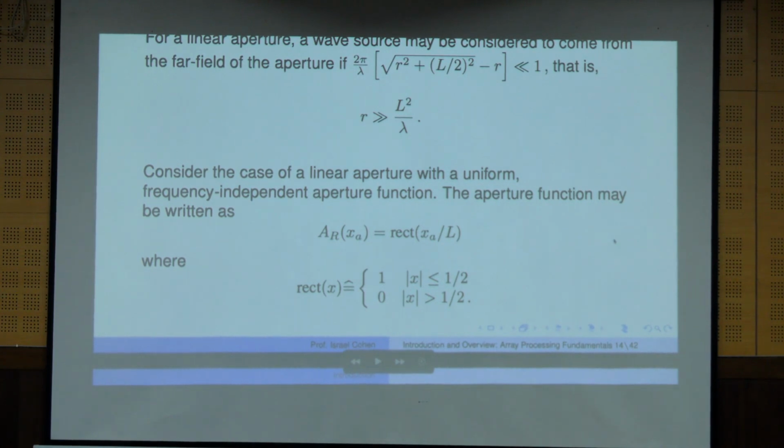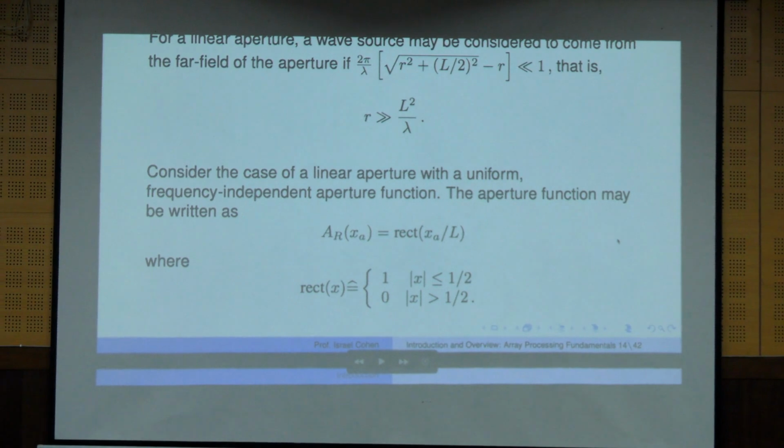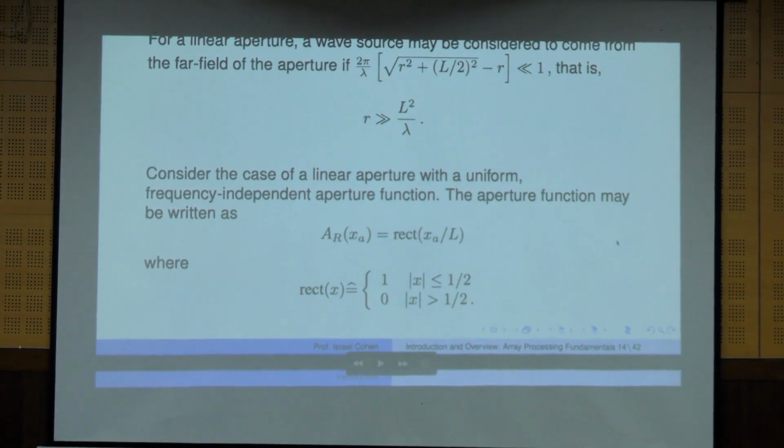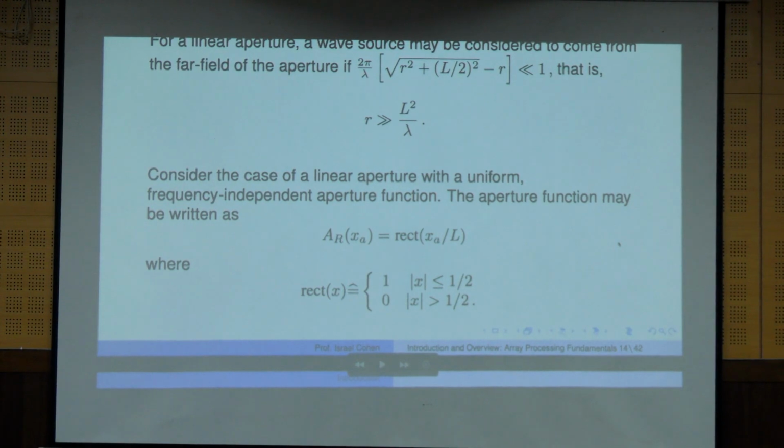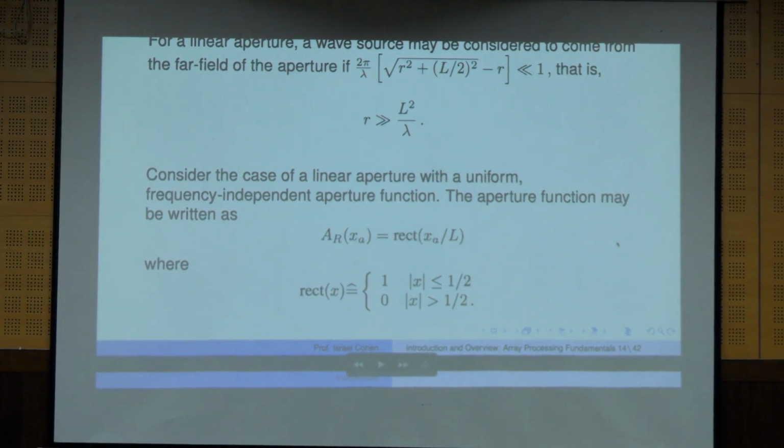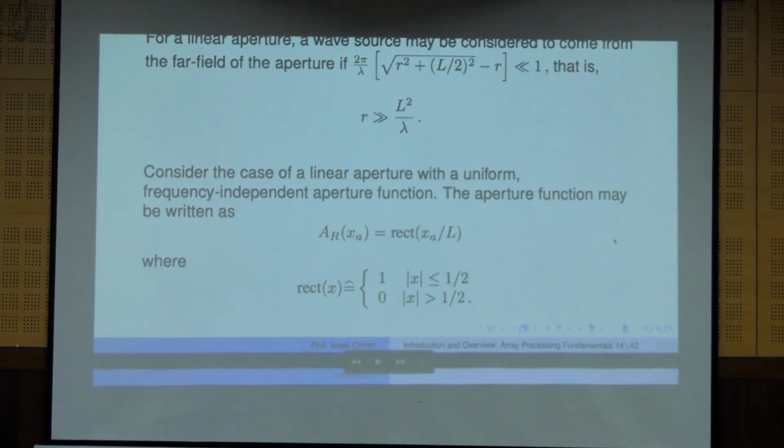Phase differences. So if we have multiple sensors that measure the signal, or a directional aperture, just like a continuous aperture, we can discriminate between signals that come from different directions. So the phase differences are important.